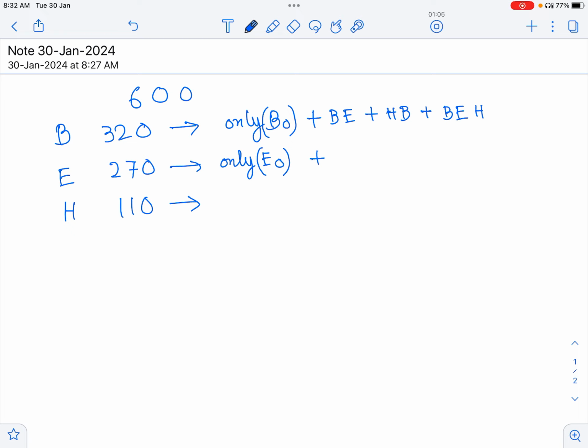Then the number of students who learn English and Bengali, and it is like BE. And also in this category of students who learn English are the students who learn English and Hindi.